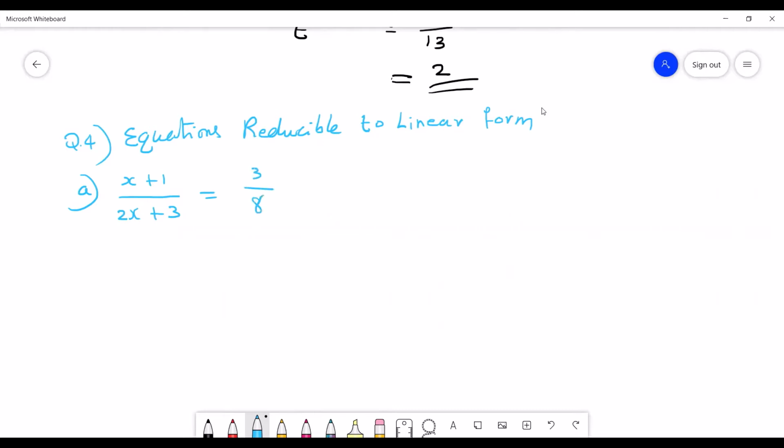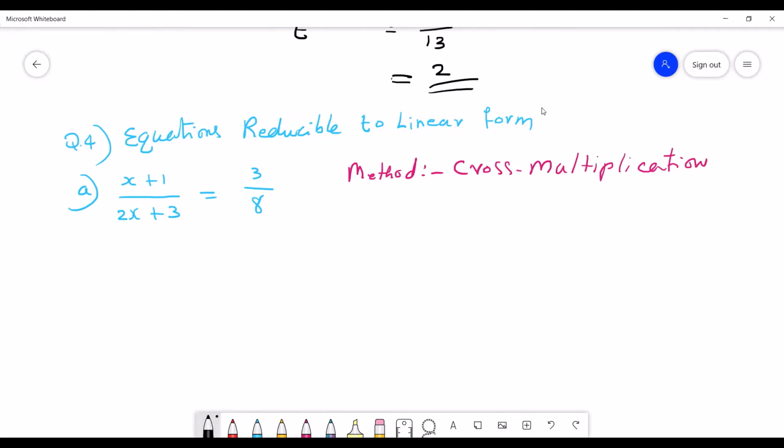3 by 8. Here, the method that you are going to follow is cross multiplication. So here we will go for the method of cross multiplication in order to get the answer.